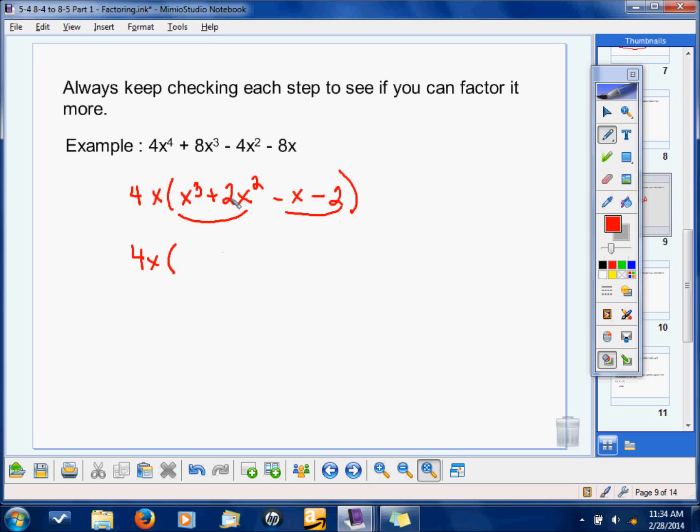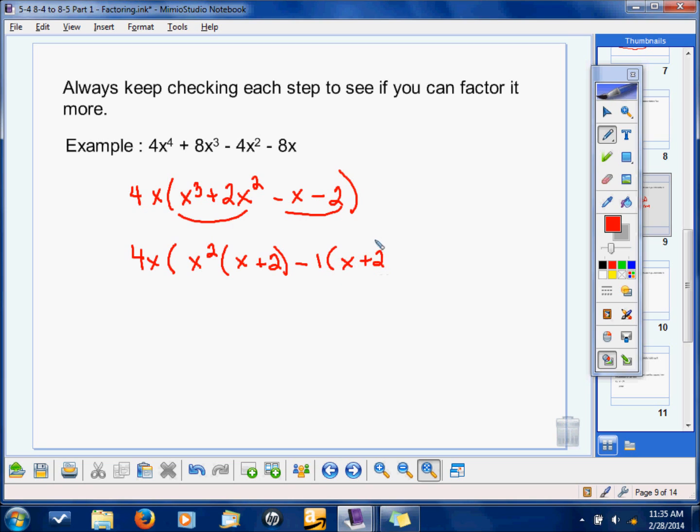What goes into x cubed and 2x squared? x squared times x gives you x to the third. x squared times 2 gives you 2x squared. Now, right here, this one's kind of hiding a little bit, but there is a 1. 1 times x plus 2.